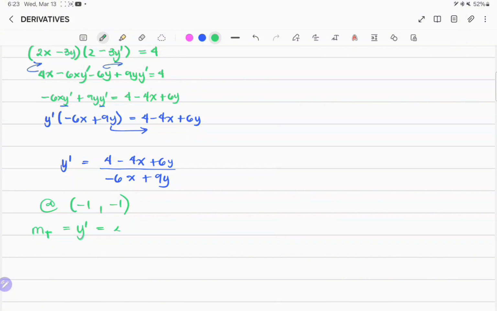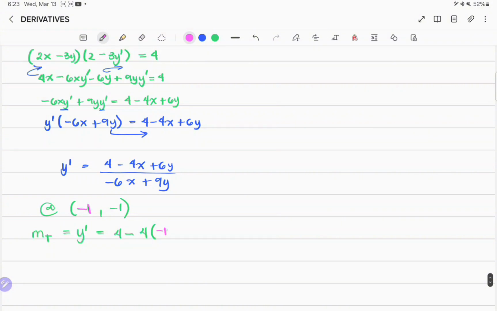substituted. So this is the same as 4 minus 4 times our x is negative 1, then plus 6, and our y is negative 1. Now the denominator will become negative 6 times, again, x is negative 1, and then plus 9 times our y, negative 1.